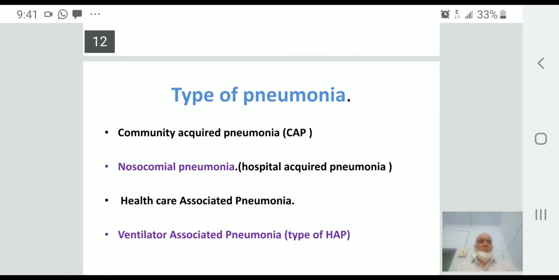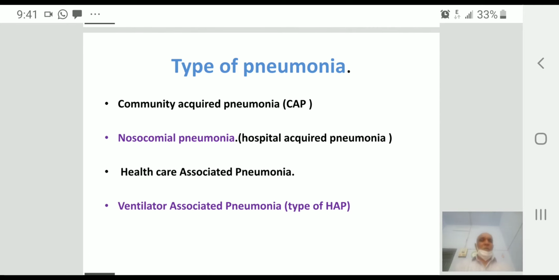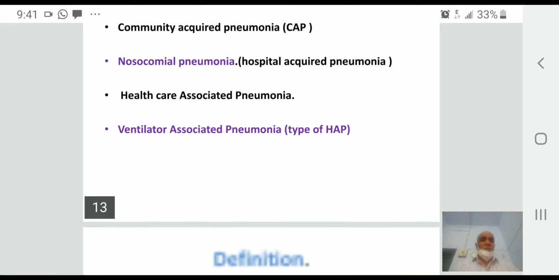Now the types of pneumonia. Commonly, community acquired pneumonia develops at the community level. Nosocomial pneumonia develops at the hospital: the patient is admitted for another reason and gets pneumonia. This is called nosocomial. There are also healthcare associated pneumonia and ventilator associated pneumonia.